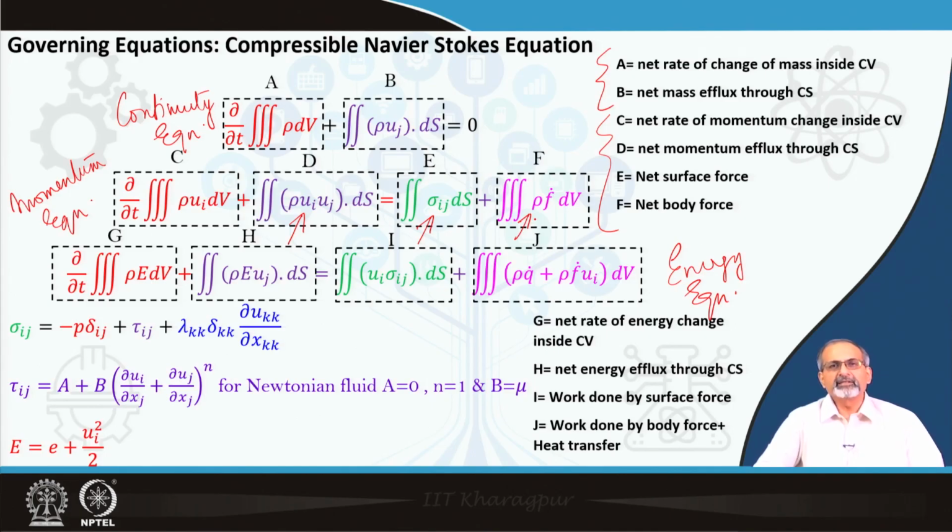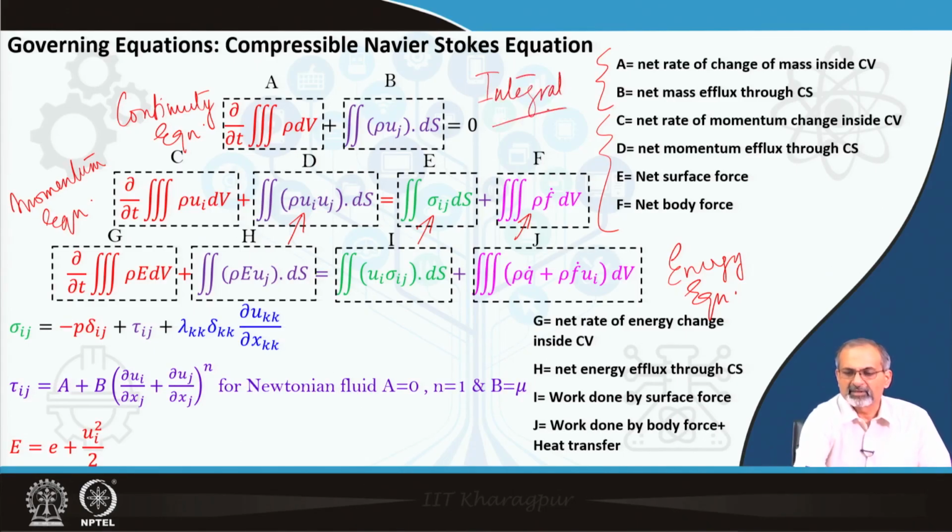As is evident, this is one possible way of representing the compressible Navier-Stokes equations, where we are using an integral approach to represent them. Going to the energy equation, again we have 4 terms like the momentum equation. The first term G stands for net rate of energy change inside the control volume, which is a volume integral.